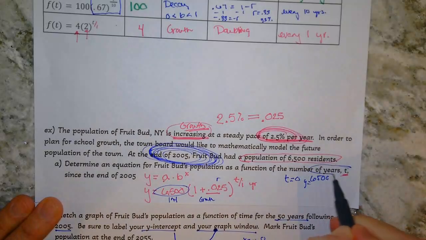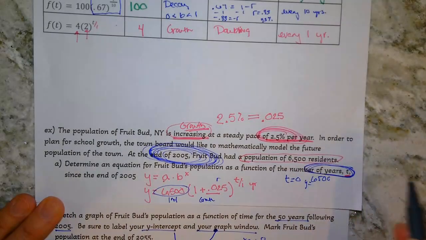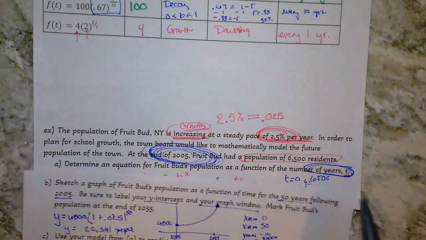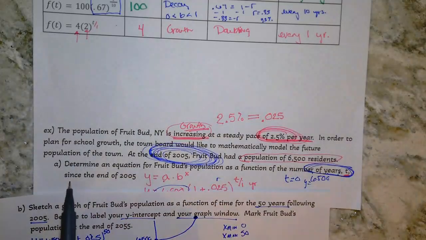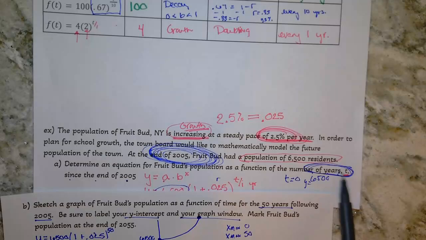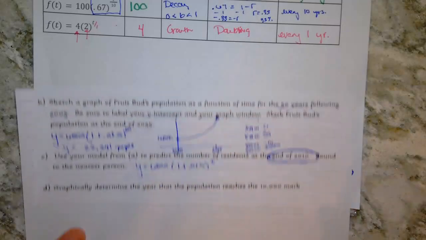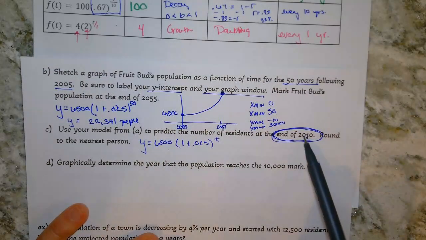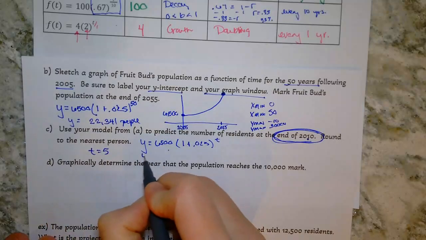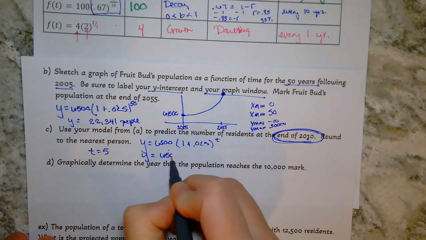And t is the number of years. So I am not putting in 2010. That is not what t is. t is the number of years since the end of 2005. So this requires you to read the number of years since the end of 2005. So 2010 is how many years since 2005? 5. So all we're doing is plugging in 5.